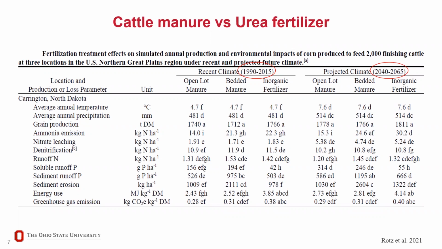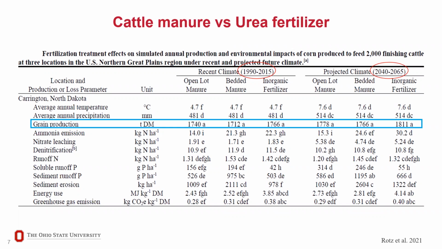So we can compare this with any current management practices, or we can alter the management practices and see the impact. In this case, they tried to find out what will happen with corn grain production. We can see here the production is higher under the inorganic fertilizer in the future.